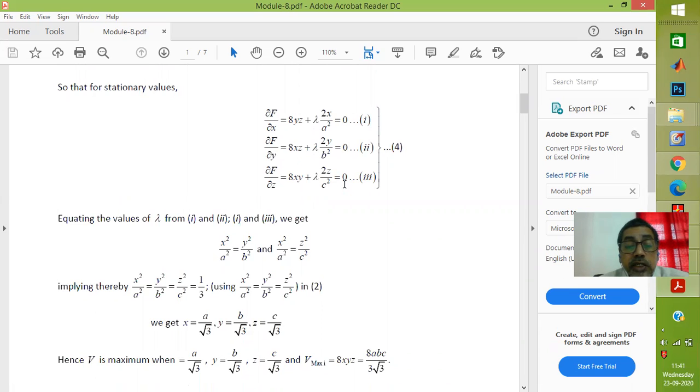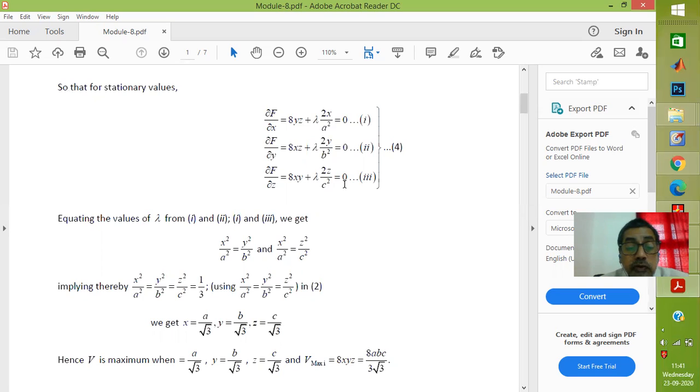When we find the critical relationship, it comes out as x squared by a squared is equal to y squared by b squared is equal to z squared by c squared, which can be reduced to x by a is equal to y by b is equal to z by c.